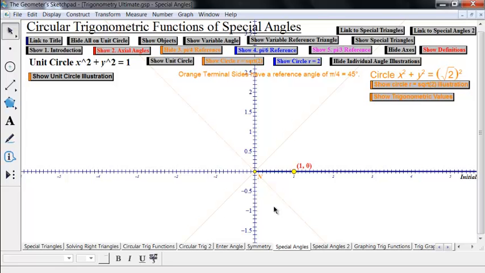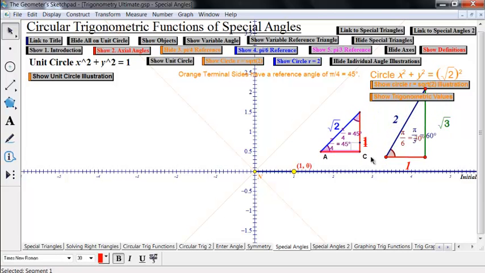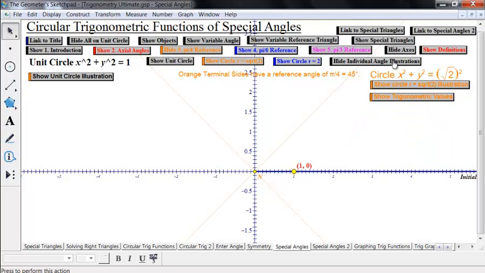Now we can look at this on a unit circle, but it's actually better to look at a circle of radius square root of 2. In our special triangle, the hypotenuse is going to have to be the radius of our circle, and if we let the sides be 1, that works out very nicely and gives us a hypotenuse of square root of 2.